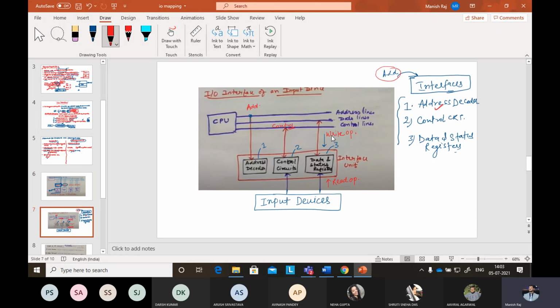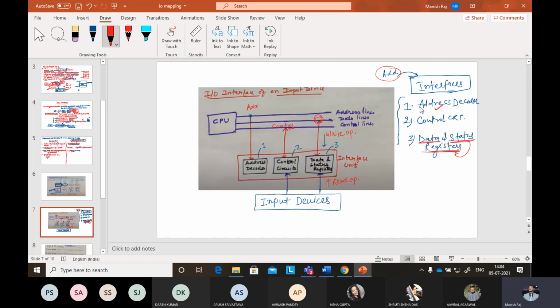The third thing is data, which means you have to store some data. So there are some registers, you can say data register or status register. Status means it will tell the status. For the data you need some registers.